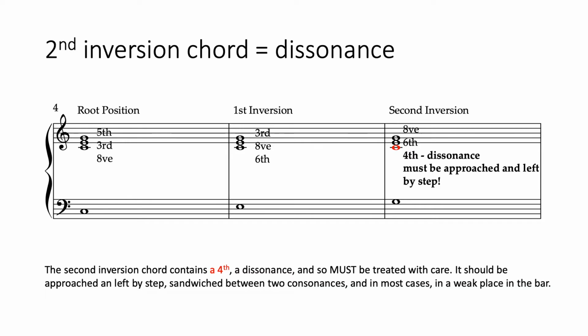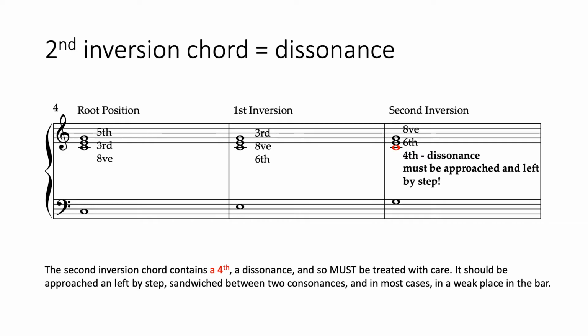All good. Absolutely fine. In the next bar, we've got a first inversion chord. Again, we've got a sixth, an octave and a third between the notes in the top part and the bass. If I just play that for you, again, absolutely fine, all stable sounds.